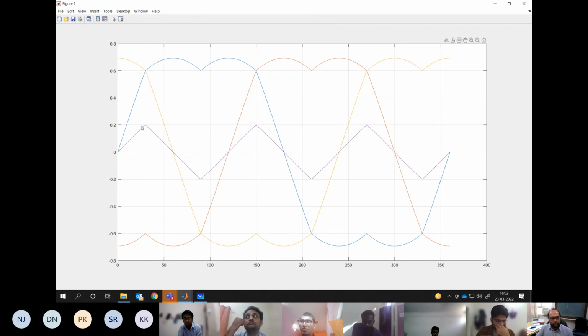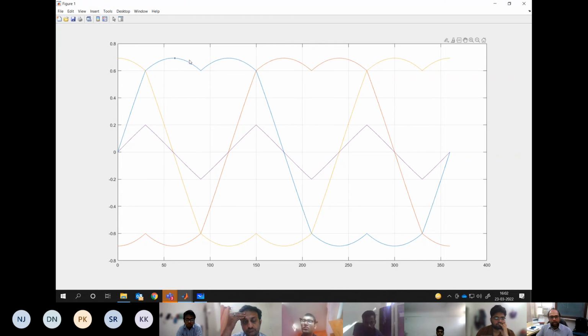What you see over here in the violet is basically the common mode which is generated. It's not a third harmonic, it's basically a combination of all the third harmonics: 3, 9, 15, 21 and all. It's not just one third harmonic.